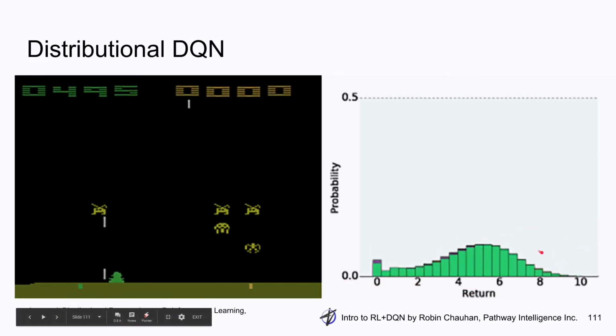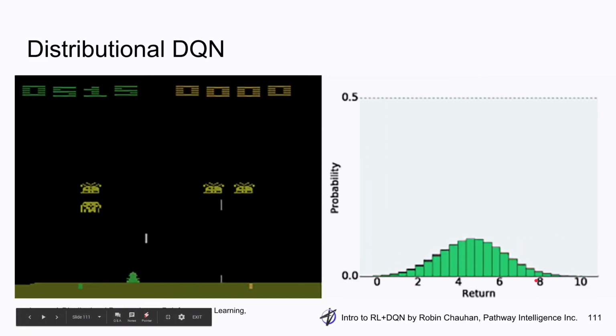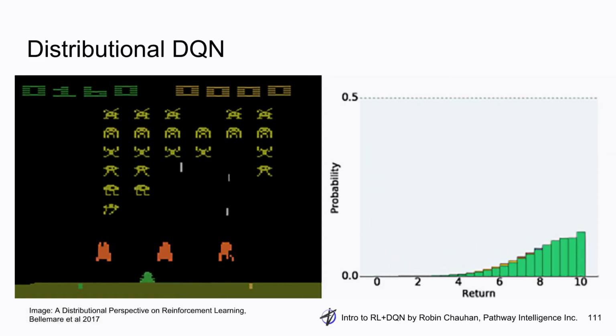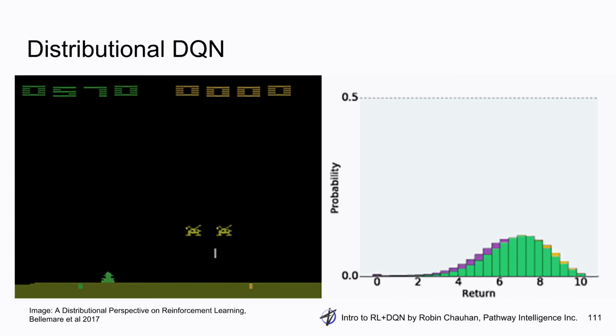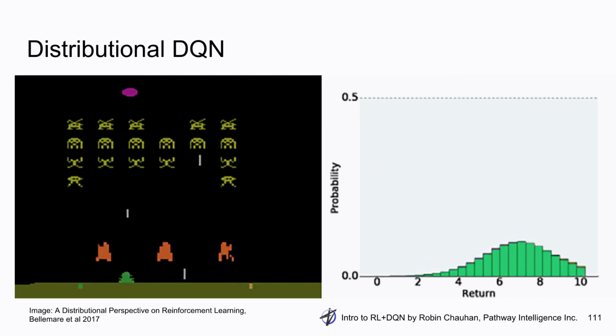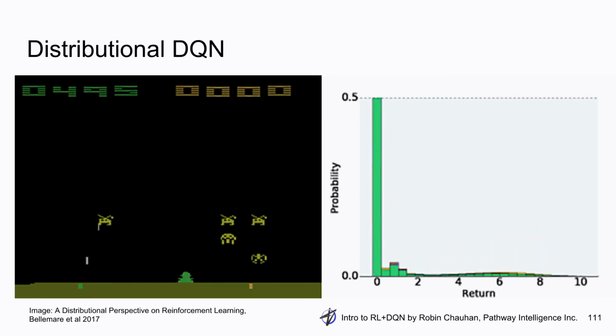It's hard to see here, but there are actually different curves of different colors, and the colors correspond to different actions. And then you can see sometimes the return 0, that means it thinks there's a good chance it's about to lose the game, when that suddenly spikes up. So you can see there's a lot more information coming through to us when we're able to witness the entire distribution.